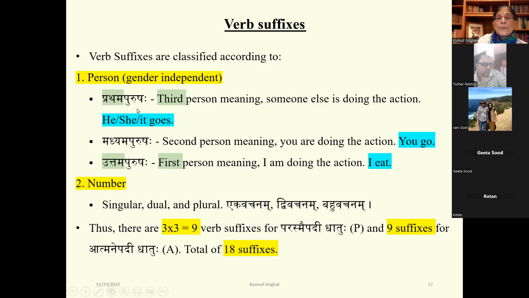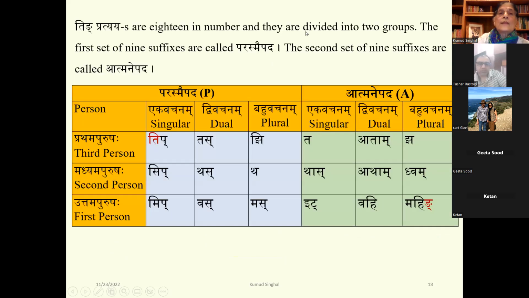So depending upon the parasmaipada, you have 9 suffixes if the dhatu is a parasmaipadi dhatu, and 9 suffixes if you have an atmanepadi dhatu. So a total of 18 verbal suffixes.